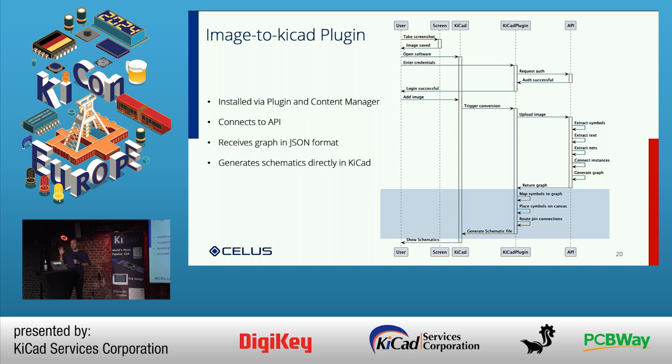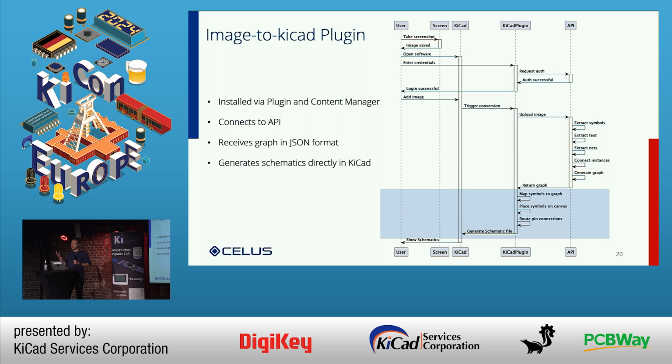So the plugin is installed together with KiCAD, and would be able to take this information of the graph. The idea is that not all the information, but the majority of the information that you need to reproduce that schematic in a schematic file is already available in that graph.